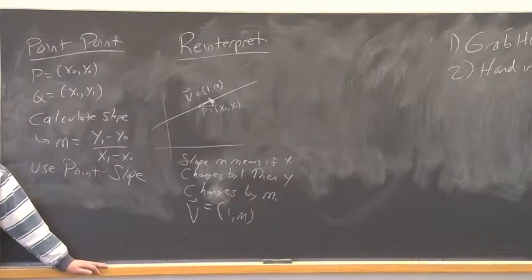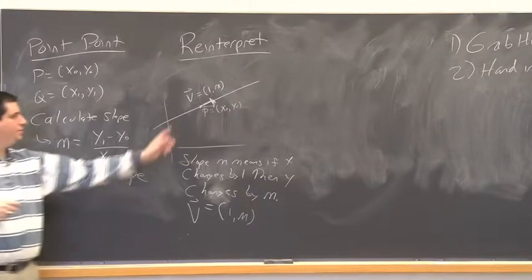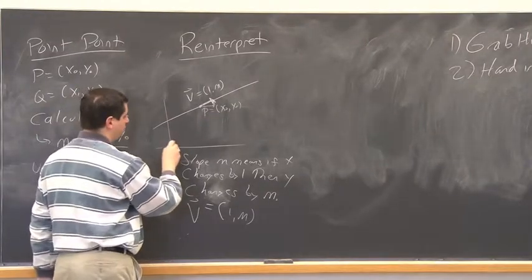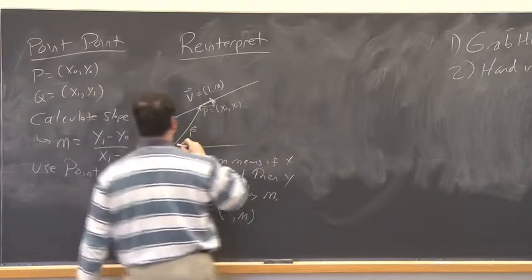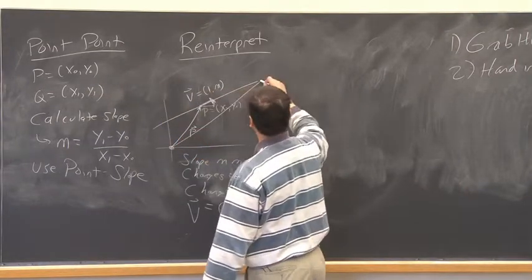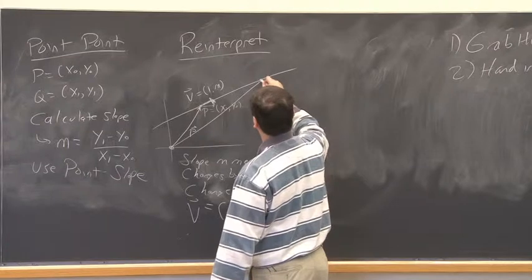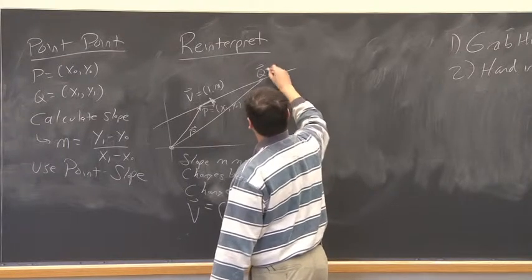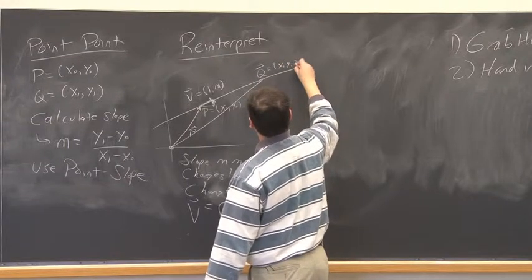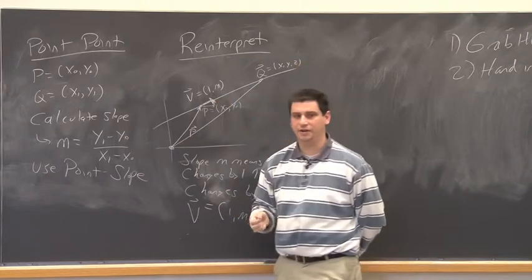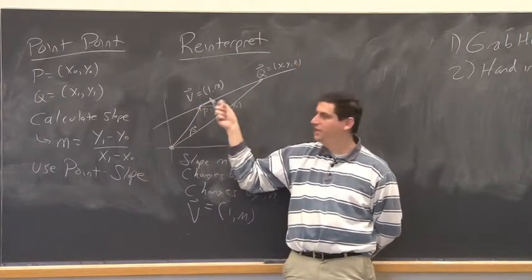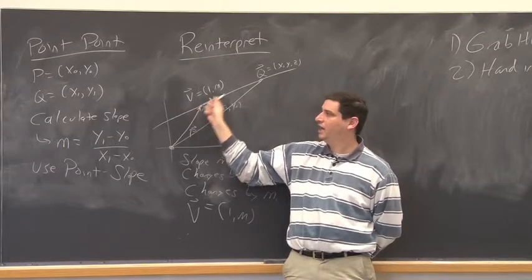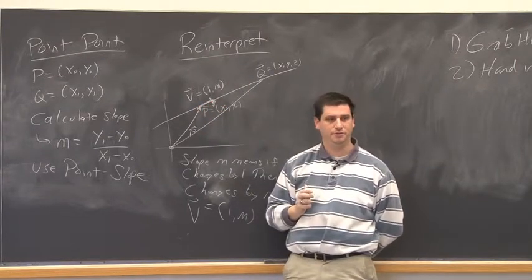And what it's telling me is I start off at the point P. So here's my origin, here's my vector P, and I want to look at all points Q equals (x, y, z) that are on this line. I want to be on a line going through this point with a given slope. That's the same as starting here and moving in that direction v.